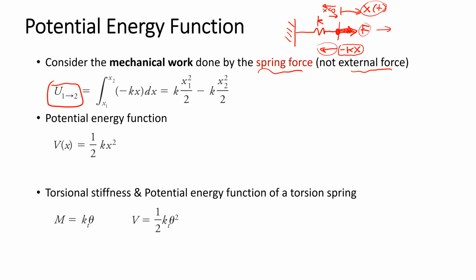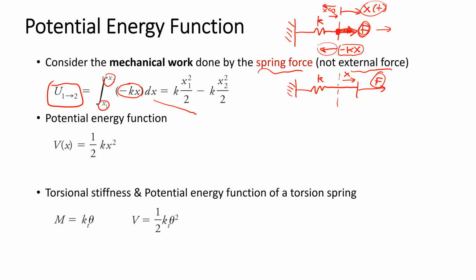So when we pull the system to move from the initial state to the final state with x displacement, of course, the work done by the external force may be positive mechanical work, but the work done by the spring is the integral of the spring force, which has the opposite direction to the displacement, from the initial to the final state.